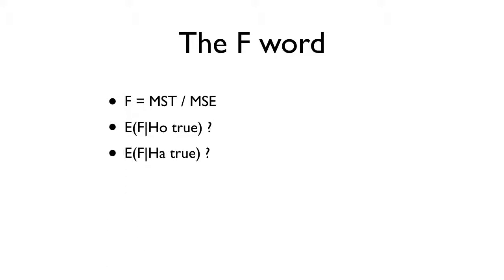What's the expected value of F if HA is true? You said something else. That is true. It's not 1, but it's something else. But give me something more specific. A value greater than 1. Can it ever be less than 1? You can mess up your data.